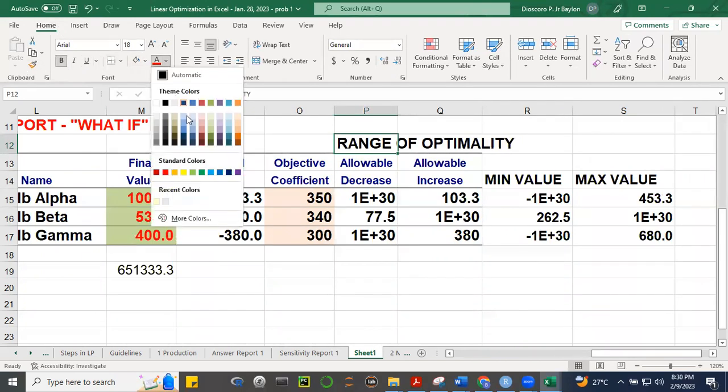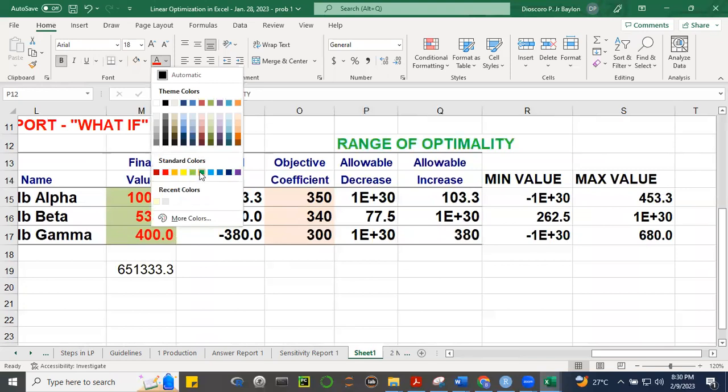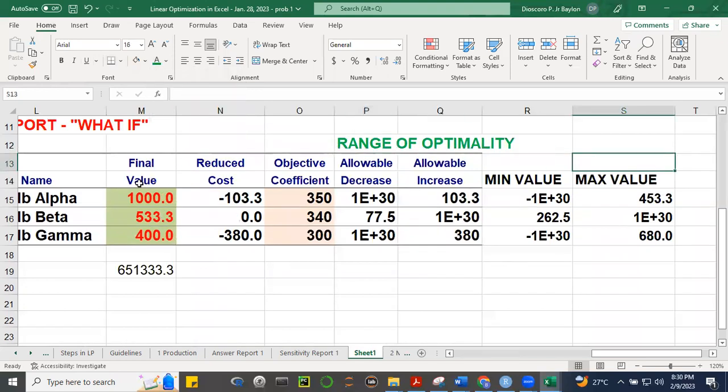It's that range, okay, where your optimal solution remains the same. So if you change alpha within this range, then that's the range of optimality for alpha. Then your optimal solution remains the same.